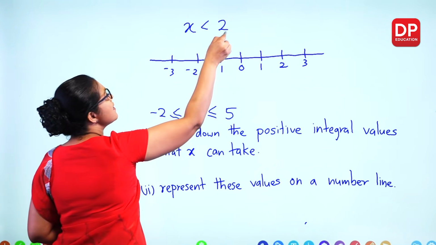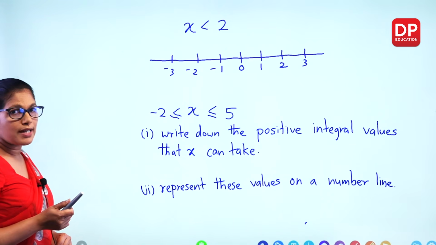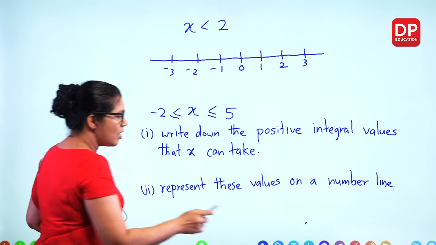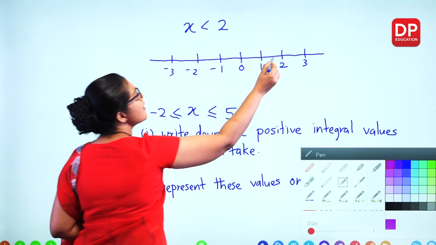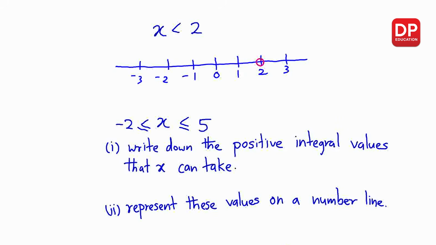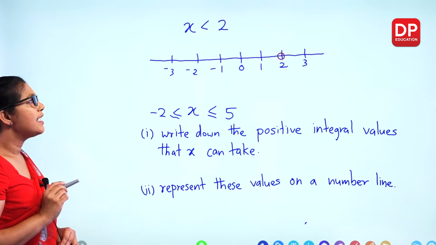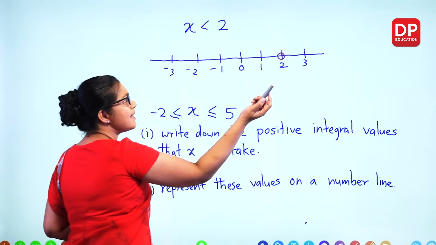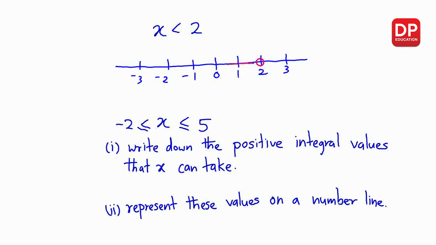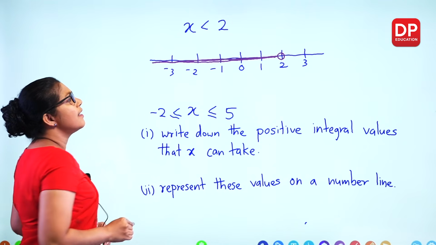Here 2 is there but it's not included. So we need to draw an open circle. So here I'll draw an open circle. 2 is not included. So x is less than. So where's less than? Left side. So we draw this line.